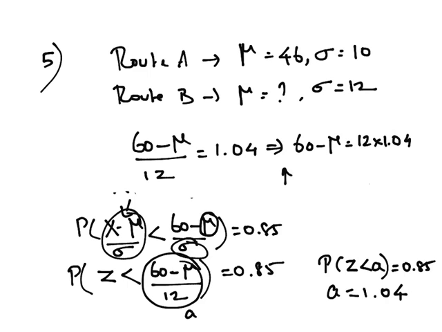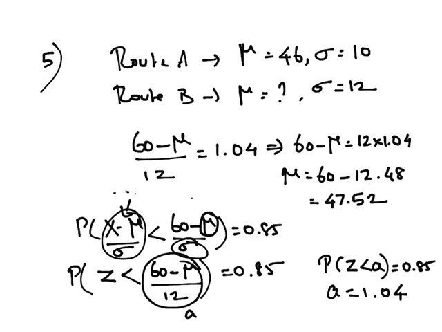That means mu is 60 minus 12.48, which is nothing but 47.52. So the mean of route B is 47.52 minutes, right?